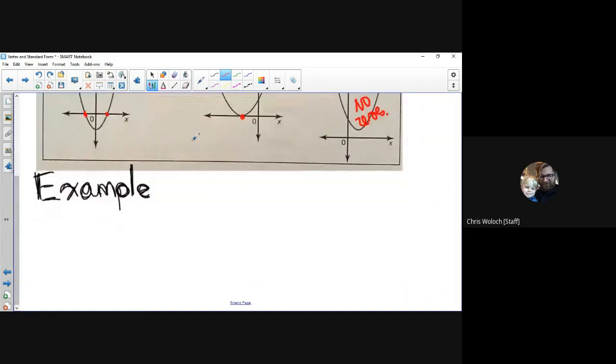So if we do an example, let's say I have f of x equals, one second, I just want to make sure there was one specific example I want to use, because then we'll use it on the next one. So you have 2x squared minus 10x plus 11, right?